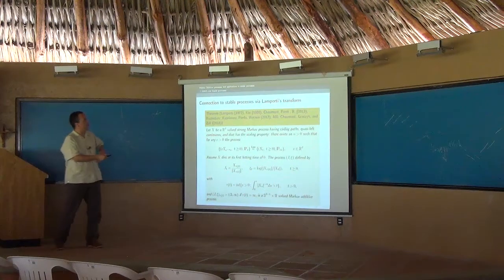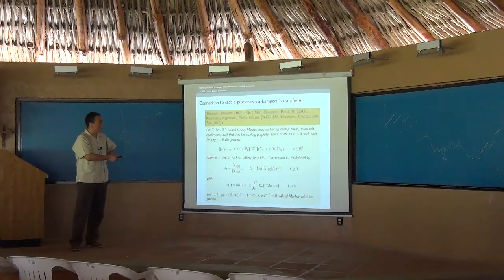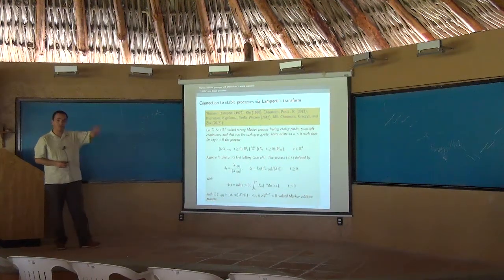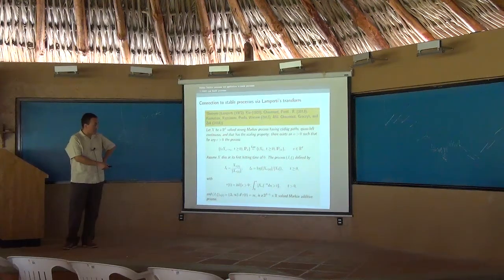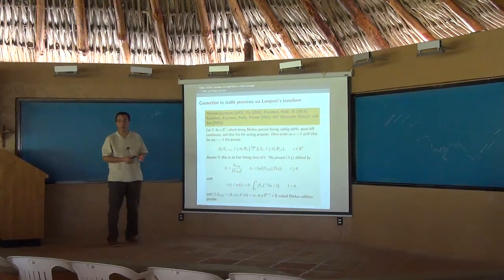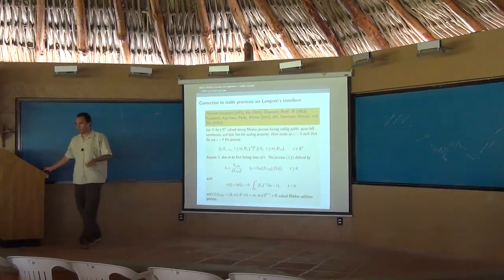Later, together with Louis Chaumont and Henry Pantí, we studied the case of a one-dimensional process, so considering the sign of the process, and we obtained something that we later discovered is a MAP. So it's a Markov additive process.